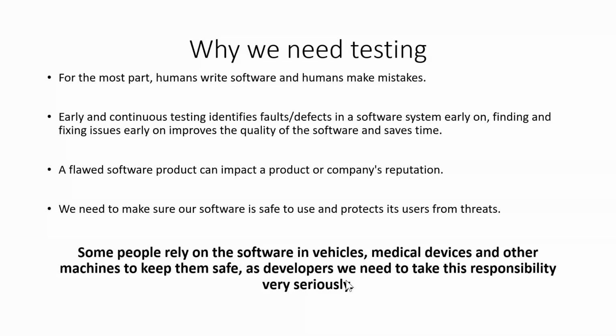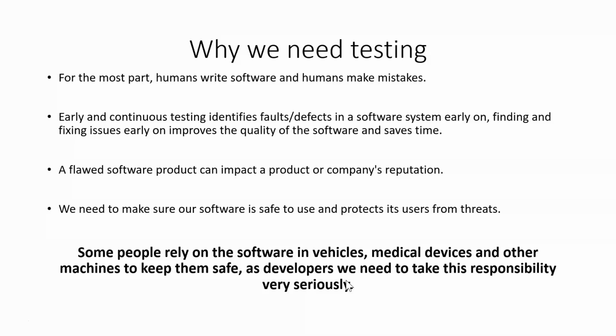But how we combat this is by employing early and continuous testing, and this will identify different faults or defects in different software systems earlier on in the coding process. And what we can do is we can find the issues, fix them, and overall it's going to improve the quality of the software.